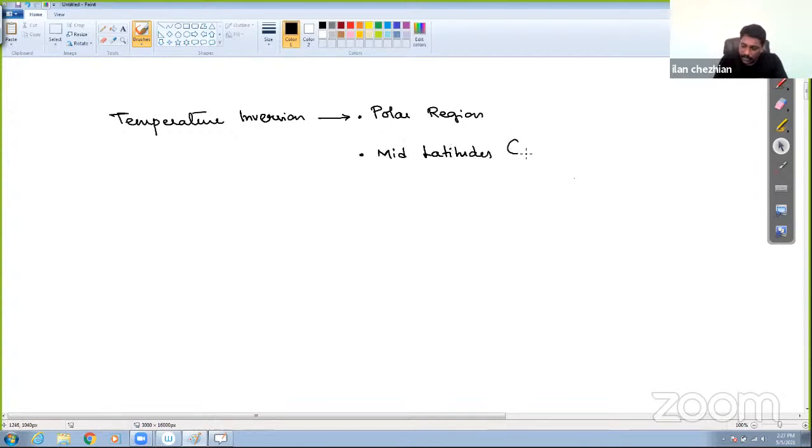Mid latitude, somewhere around 60° north and south. Temperature inversion is common in polar region and mid latitudes throughout the year. Perennial presence throughout the year. I repeat, temperature inversion is common in polar region and mid latitudes throughout the year.